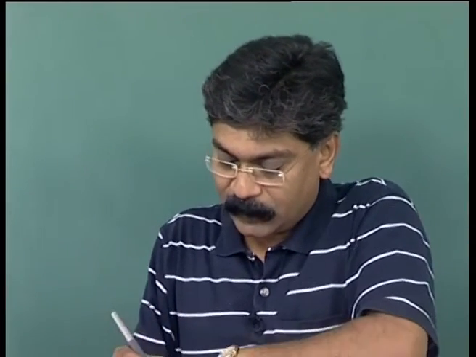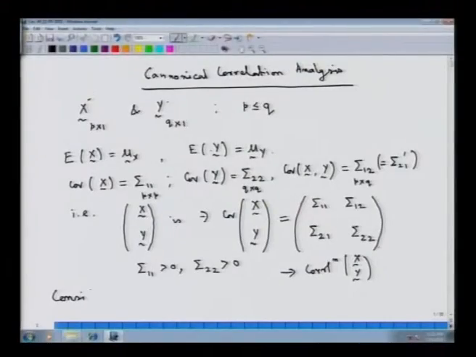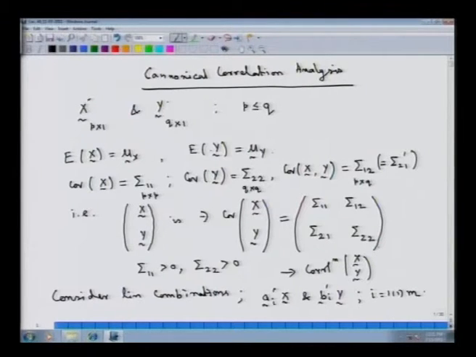Now, when we talk about linear combinations, we look at the following. Consider linear combinations, say a i prime x and b i prime y, for i equal to 1 up to, say, any order m. Right. So, these are possible linear combinations of x's, these are linear combinations of y.